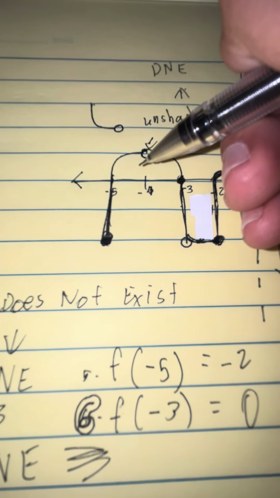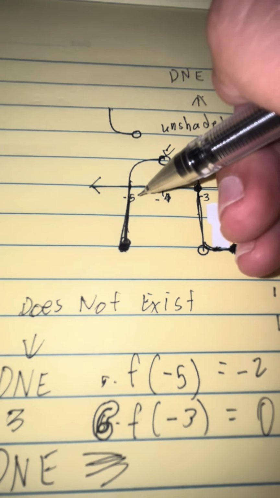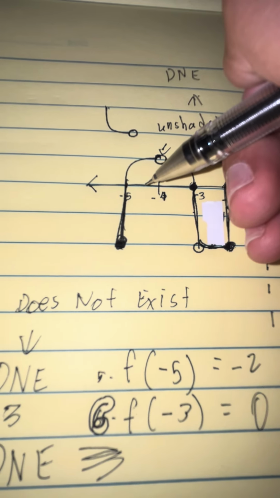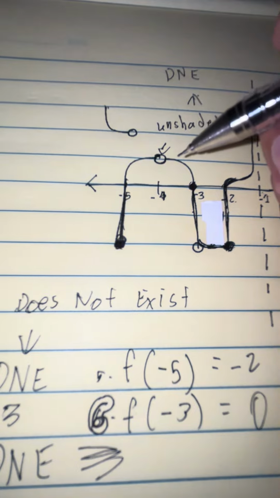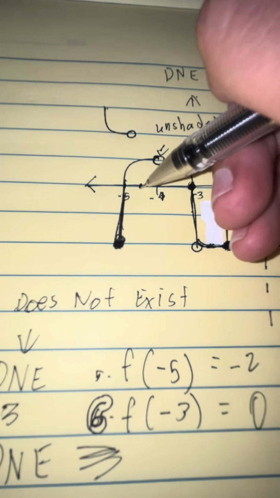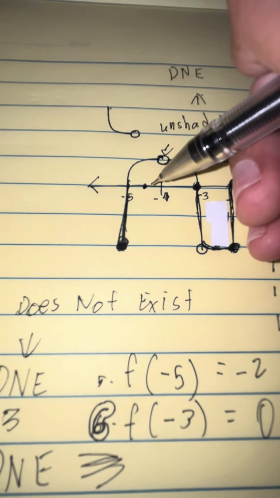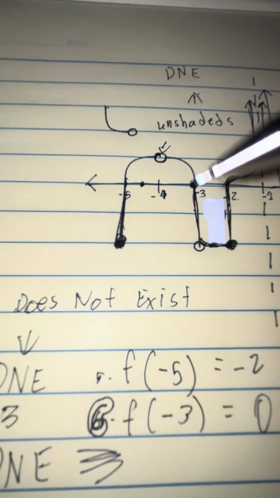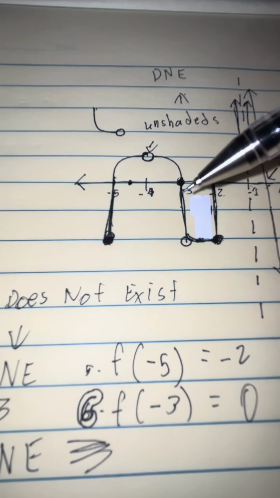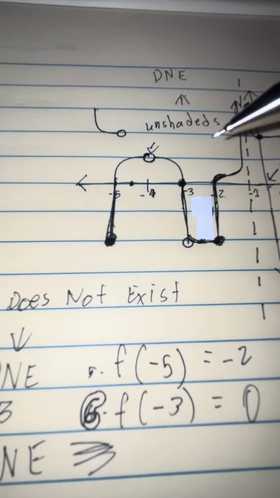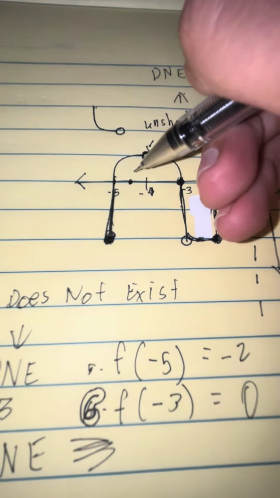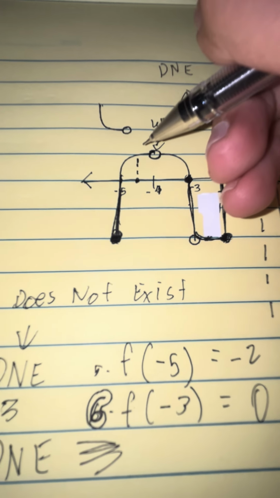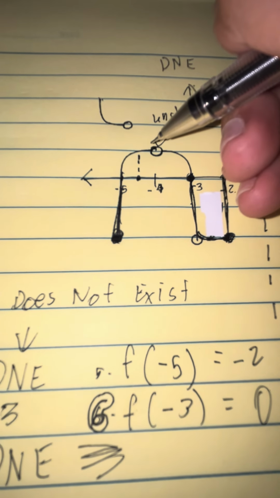Now, how do we do that? Let's start with -4.5. Let's go to the middle. Imagine that this is the middle. Now, to make this easier, let's make imaginary lines.